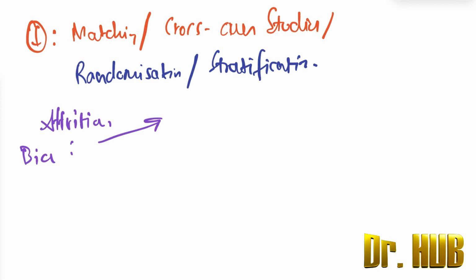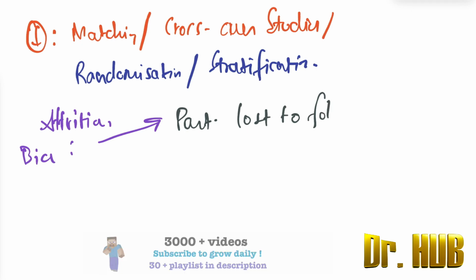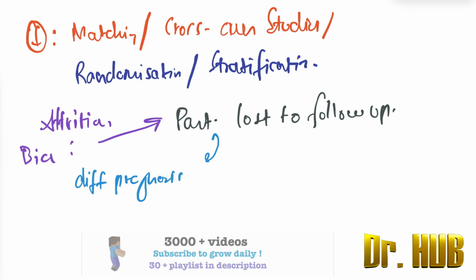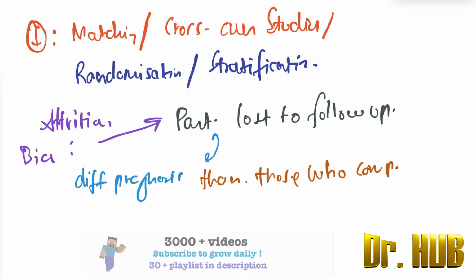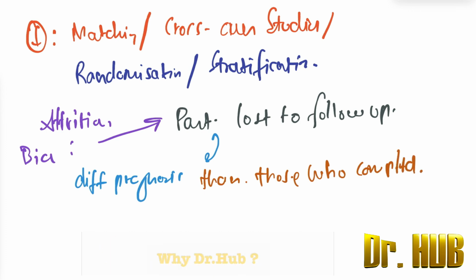Here the participants are lost to follow-up and have a different prognosis than those who completed the study. So how do you reduce this? The reduction is by randomization.